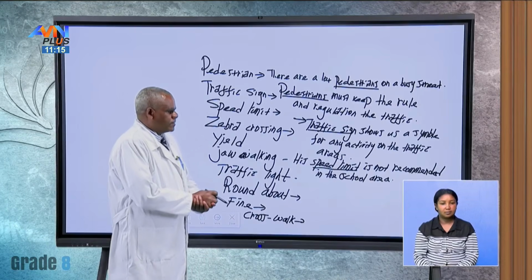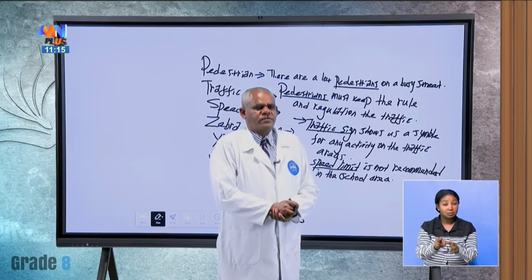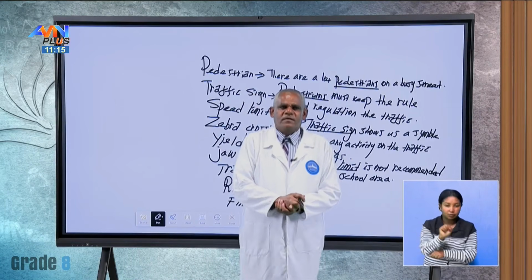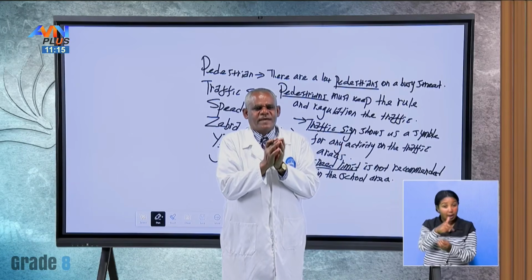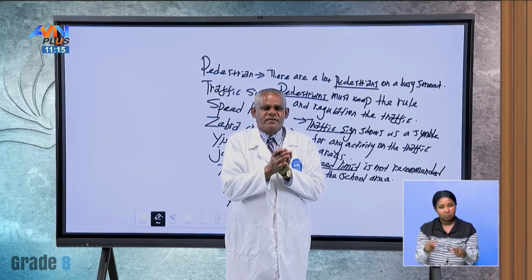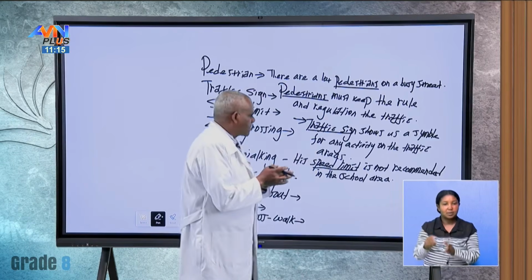That means the speed at which he is driving his car is not recommended. While in the school area, he has to manage himself while he is driving a car. That is a speed limit.